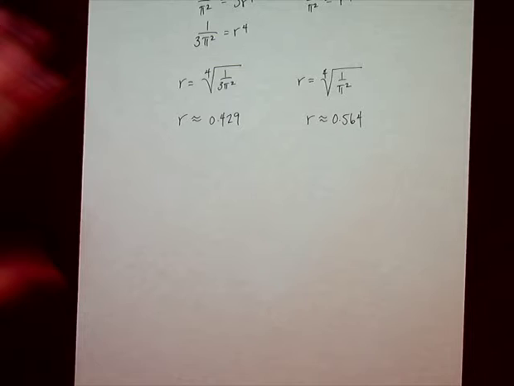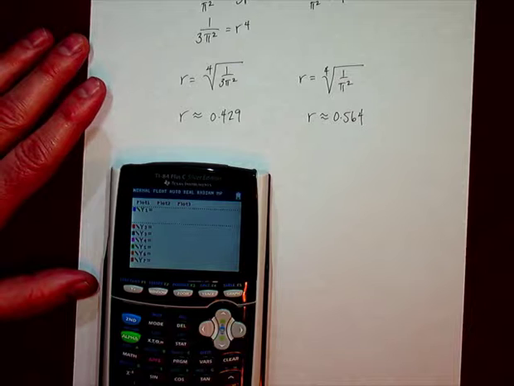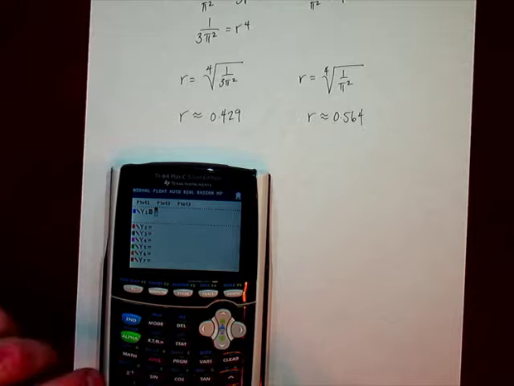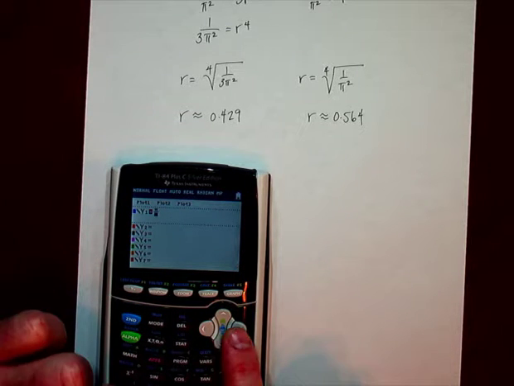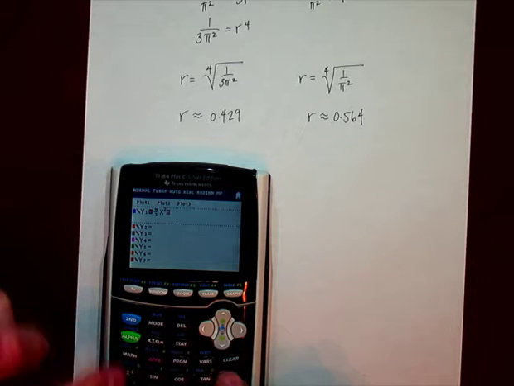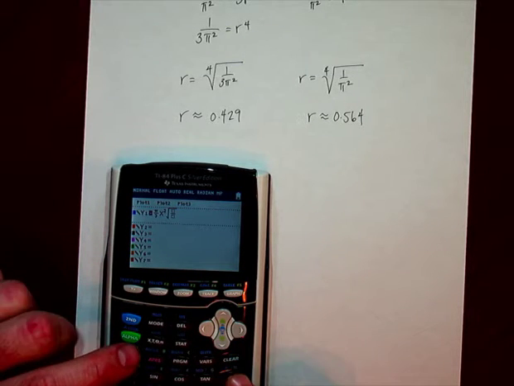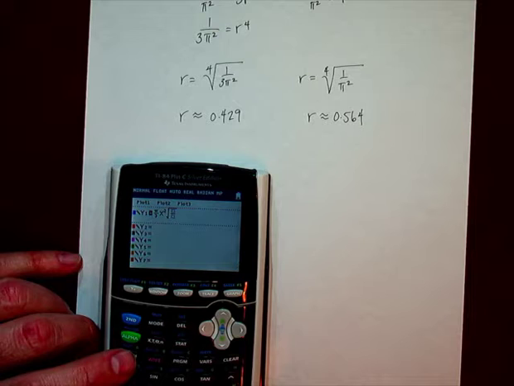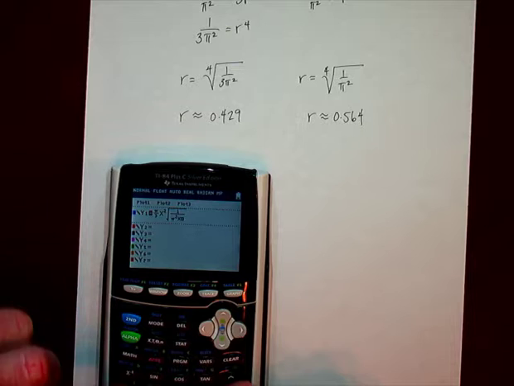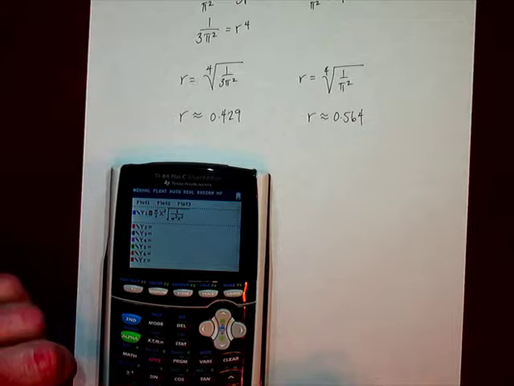Now, we have to figure out which one of those is going to be our maximum. So I know it's kind of icky, but let's put that function into here. So let's do pi over 3 times x squared times the square root of 1 over pi squared minus x squared.